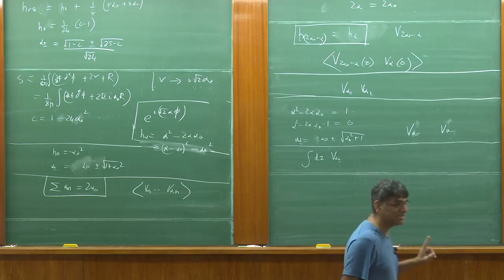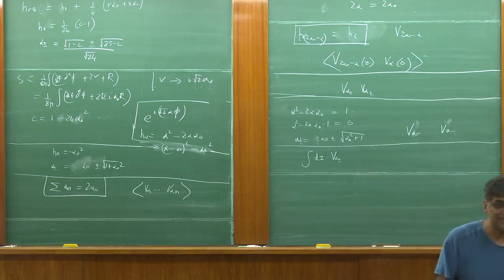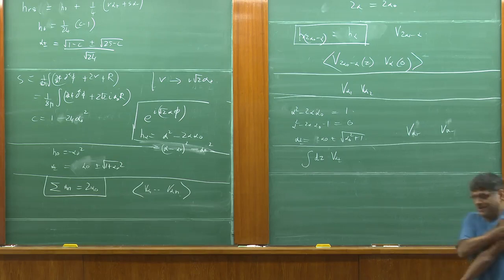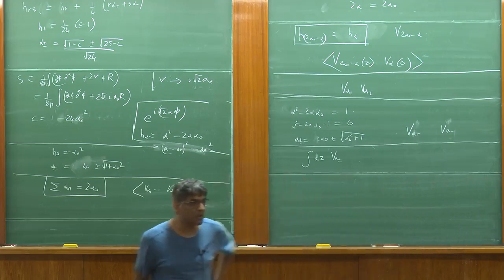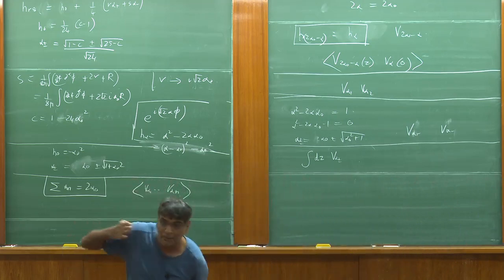But what's important about these V alpha plus and V alpha minus is that they don't carry zero momentum. In fact, they carry phi momentum, alpha plus and alpha minus. So V alpha plus and V alpha minus don't carry zero momentum.